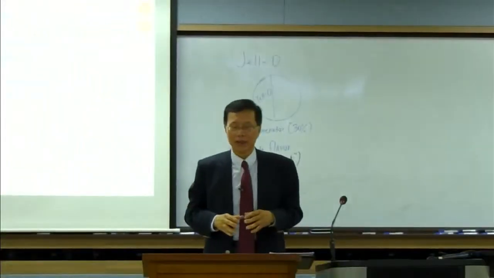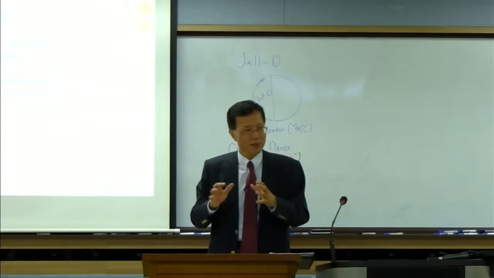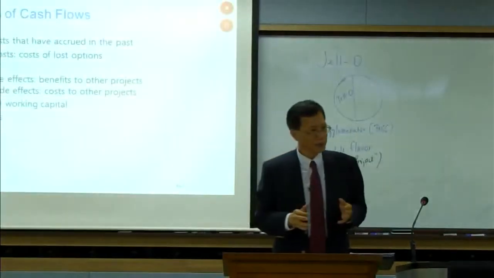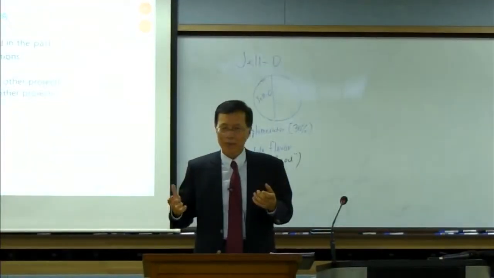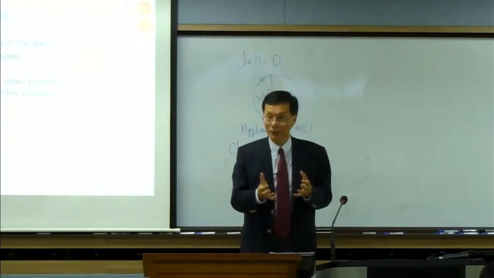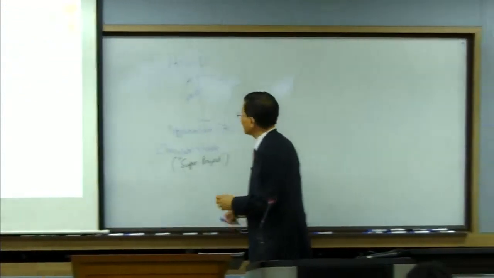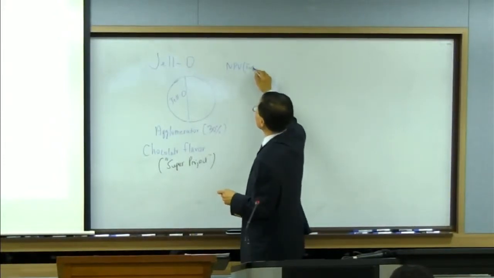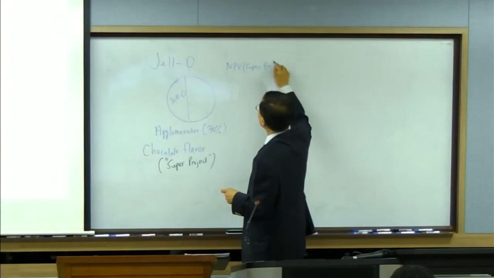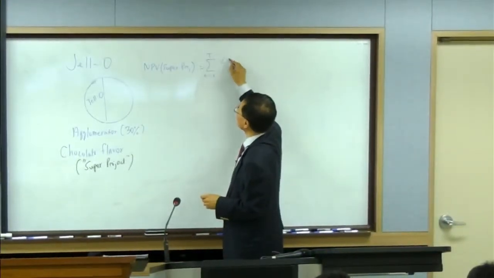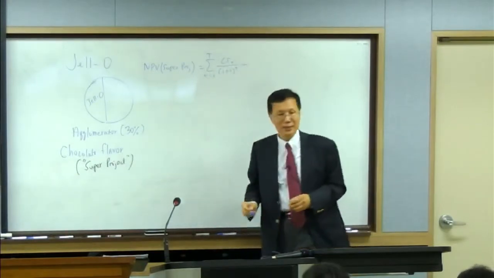Now, 30% of the agglomerator space is used and 70% is idle. So it appears that by introducing this new product, there is no additional cost involved. So the NPV of this Super Project is the sum from t equals 1 through T of cash flows over (1 plus r) to the t-th power, minus the initial investment.